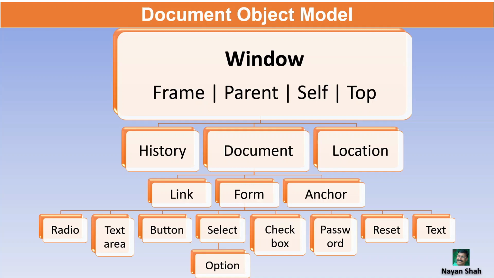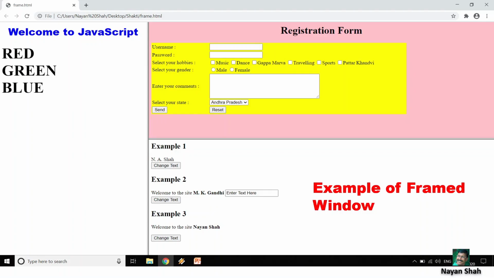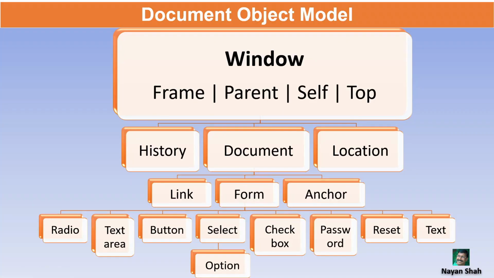Framed window: a framed window is something like this, as you see here, where the browser window is divided into multiple parts. Each part can display an individual web page. As you can see, it is divided into three frames: one on the left hand side and two windows on the right hand side. That is a framed window.